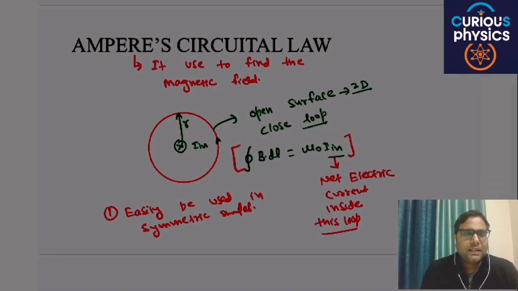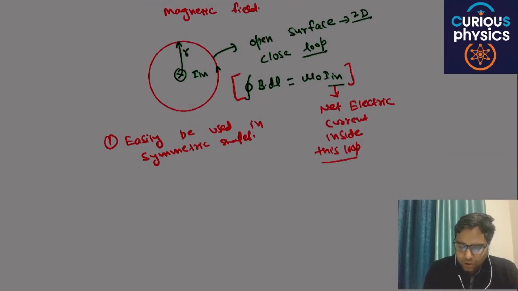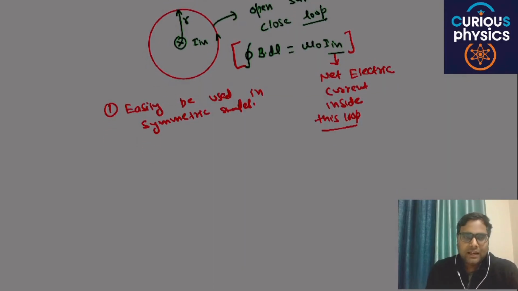With the help of Ampere circuital law, you can find the value of magnetic field at a distance r. In this situation, let's say current I is passing through, inside the paper.